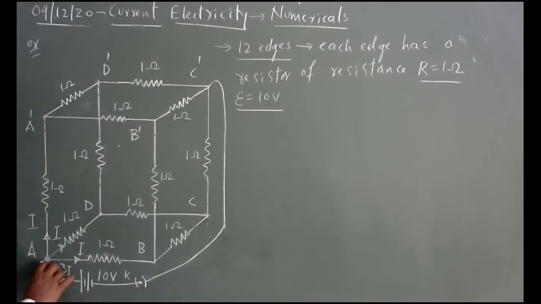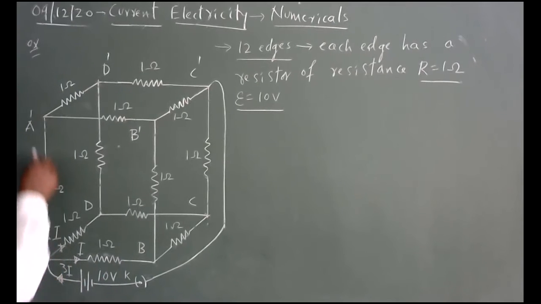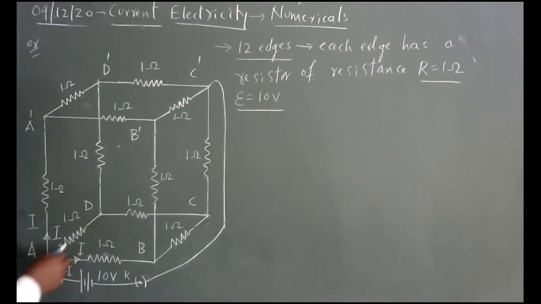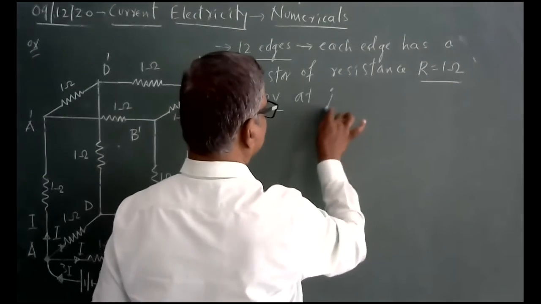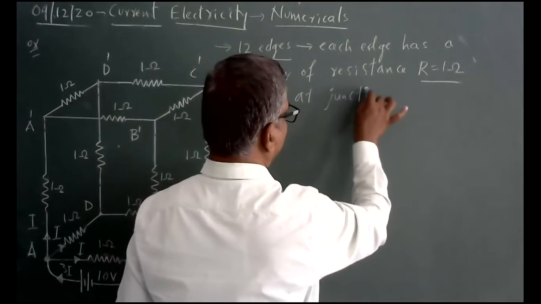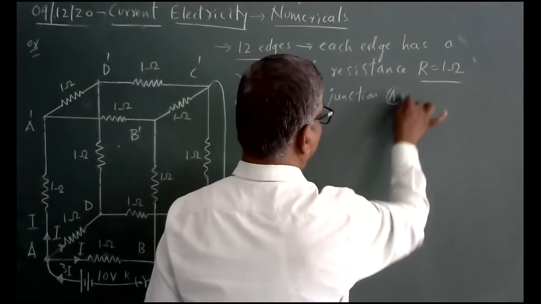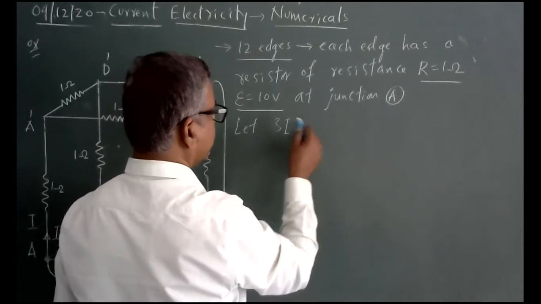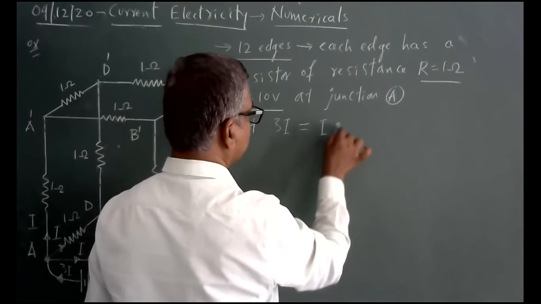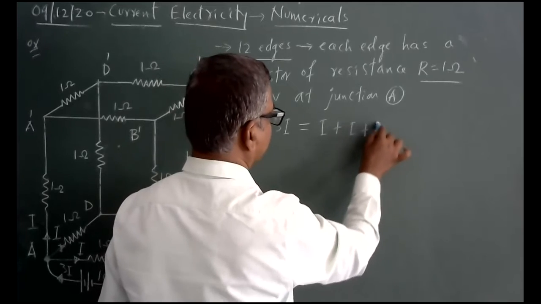Let 3I be the total current entering at junction A. It splits into I plus I plus I.